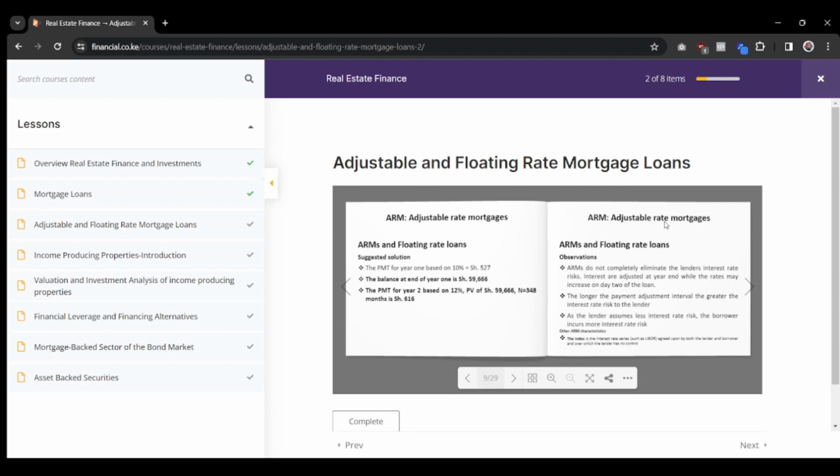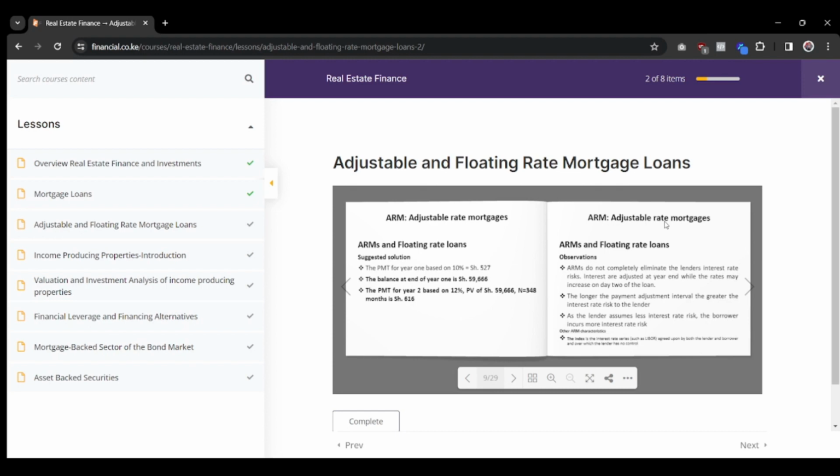Interests are adjusted at year end, while the rates may increase on any day of the loan. Also, the longer the payment adjustment interval, the greater the interest rate risk to the lender. As the lender assumes less interest rate risk, the borrower incurs more interest rate risk.